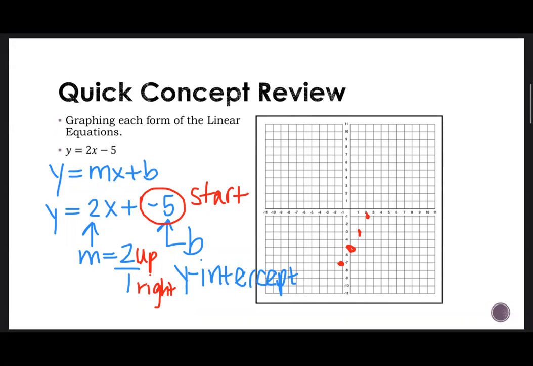And what happens there is you are taking -2 because we're going down 2, and then to the left one is -1. But remember that a negative divided by a negative gives us a positive. So we will graph and connect these dots, and now we have a line.